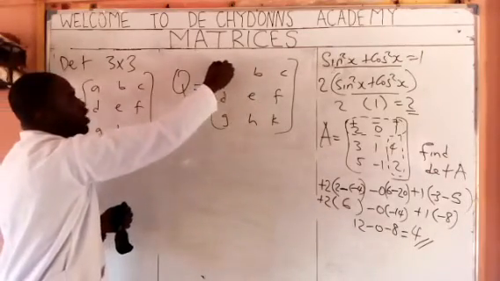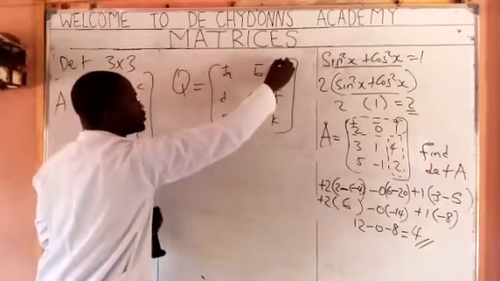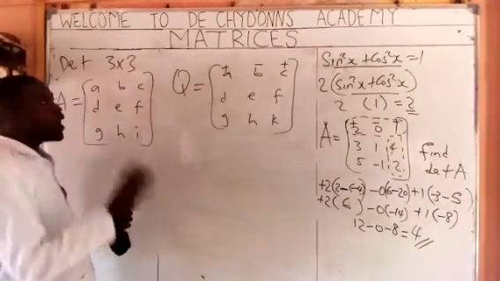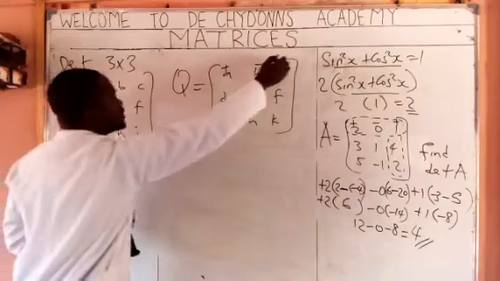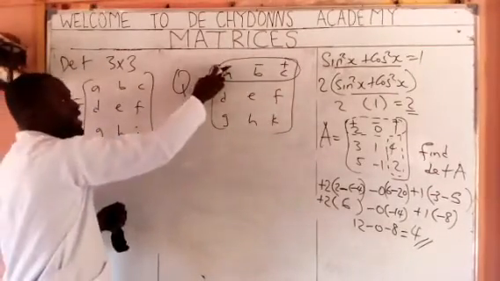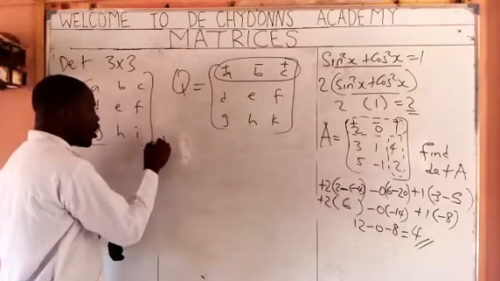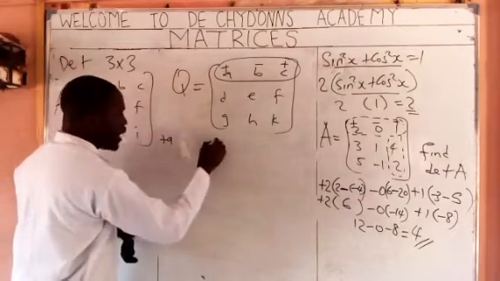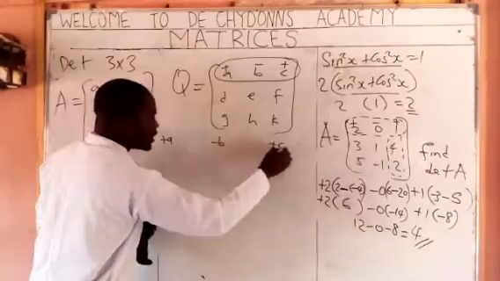Know that the signs are plus, minus, plus. So what you do is circle the first row. Once you circle it, bring down the elements you have here: plus A, minus B, plus C.